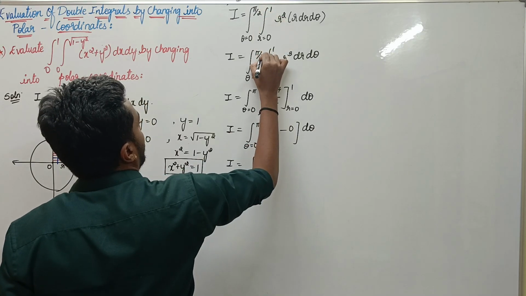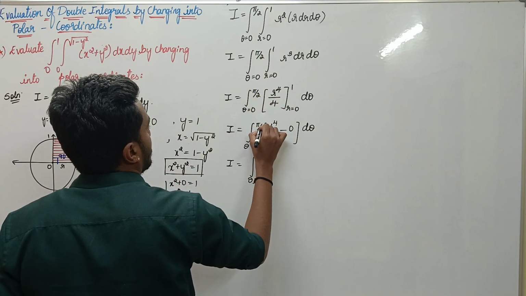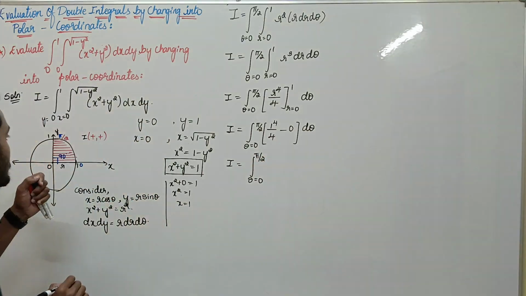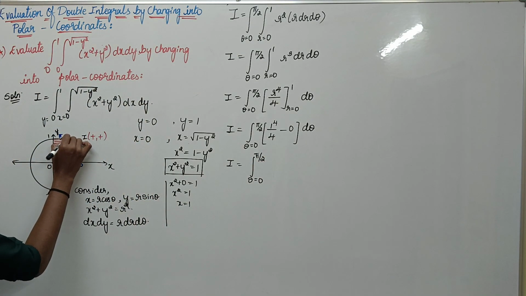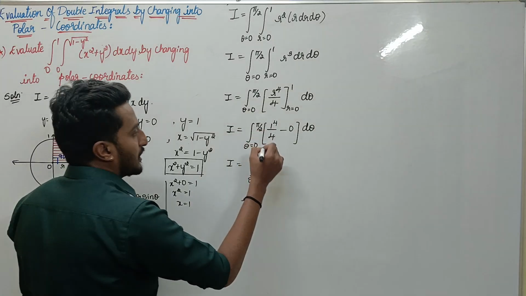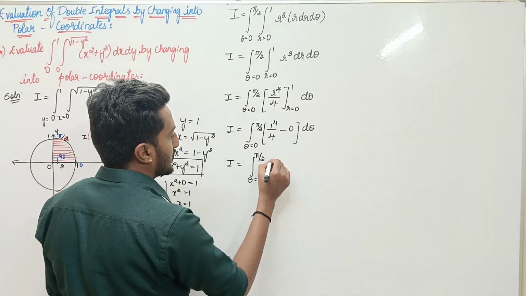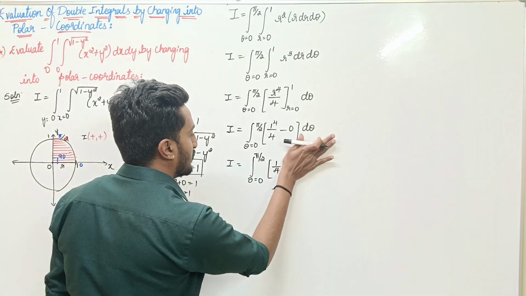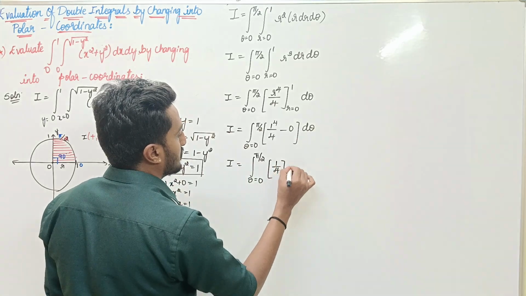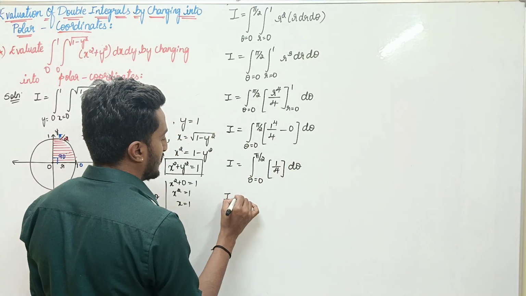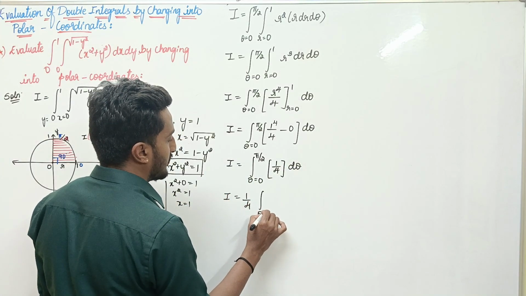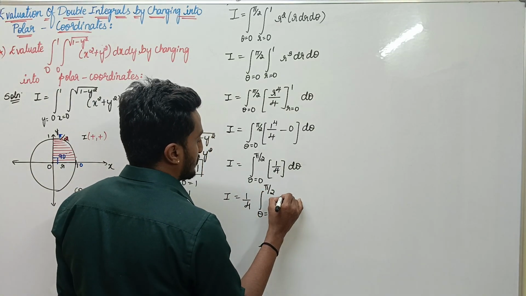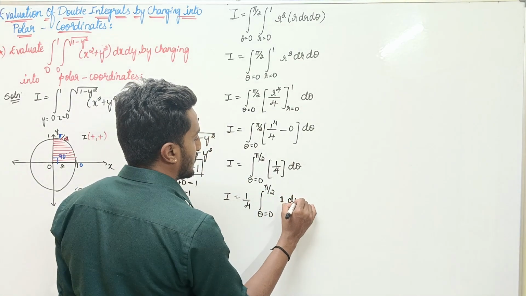Pi by 2 is 90 degrees. So 1 power 4 by 4 is 1 by 4, minus 0, 1 by 4 into d theta. 1 by 4 remains constant. It is 1 by 4 into theta, from 0 to pi by 2. Why pi by 2? 90 degrees.